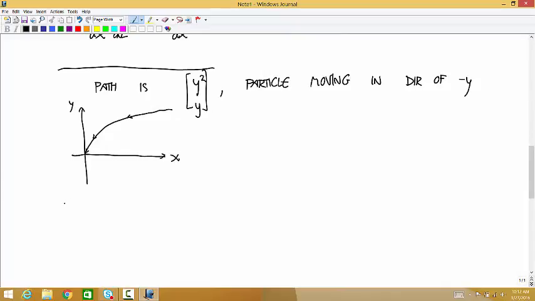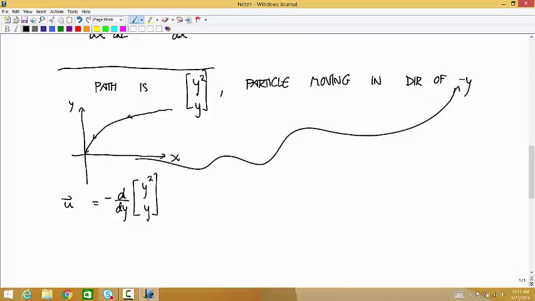So to get a vector that's tangent to that path for any y value, you'd take d/dy of the path, and since it's moving in the negative y direction, you take the negative of that. So that's where that negative comes from.